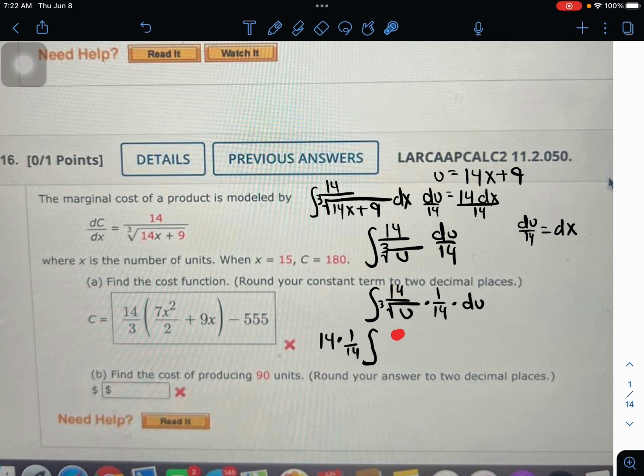So there's no longer a 14 on the top. It's just a 1 on the top. Divided by, we still have the cube root of u on the bottom. I just pulled this 1/14 out to the front. That's where that came from. So that 1/14 is no longer there. Now it's just a du. So that is du.